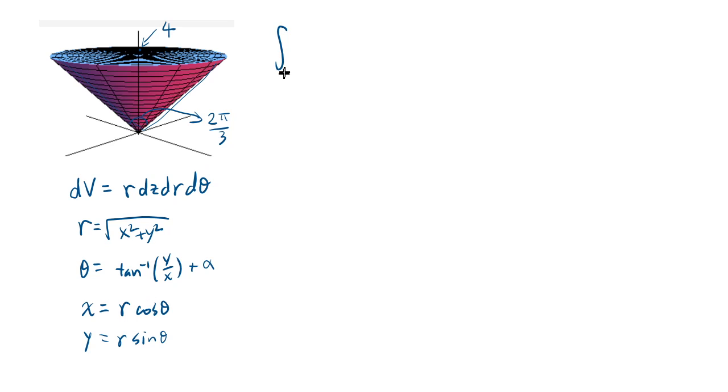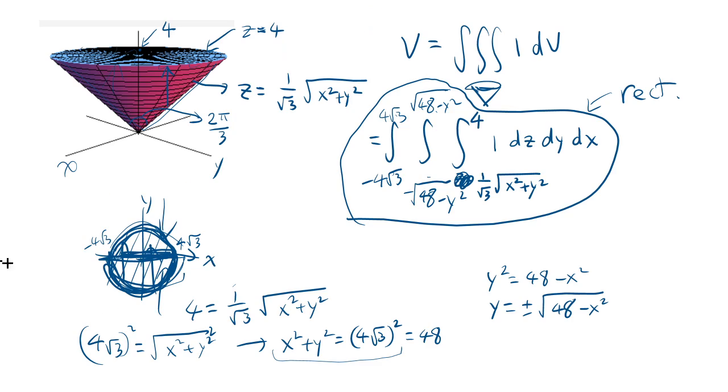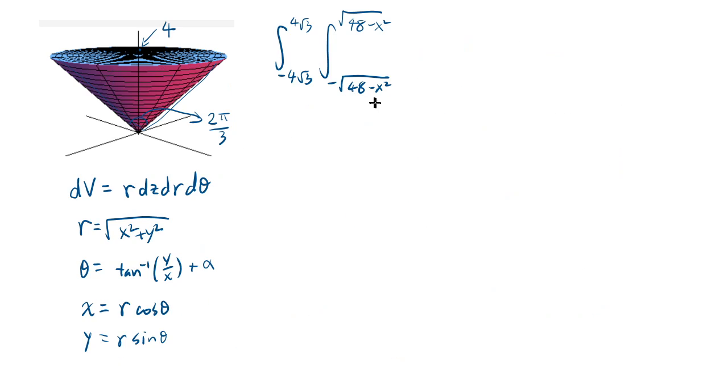And because we have from negative 4 radical 3 to positive 4 radical 3 and negative square root of 48 minus x squared to positive square root of 48 minus x squared. I just remembered this is x, okay? And then you go from 1 over square root of 3 times square root of x squared plus y squared to 4, and then you do dz dy dx.